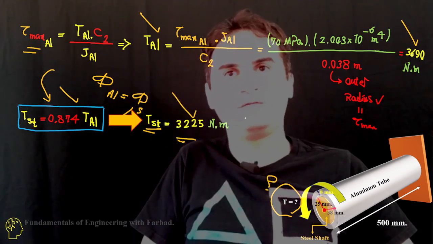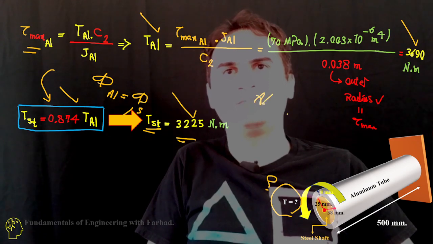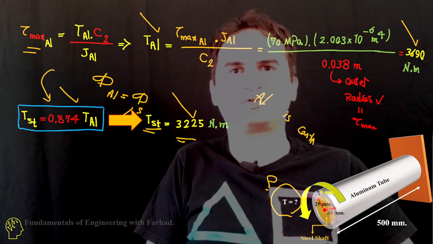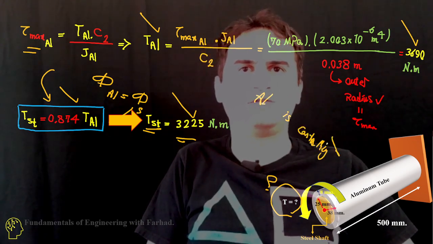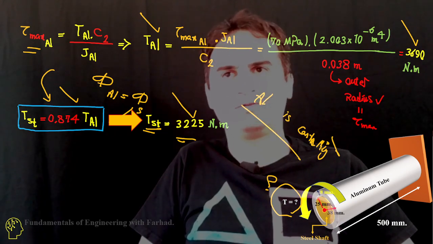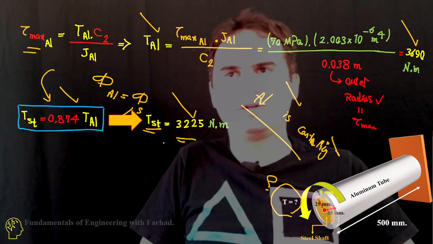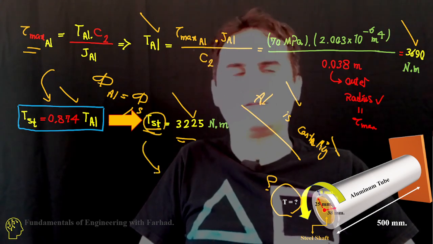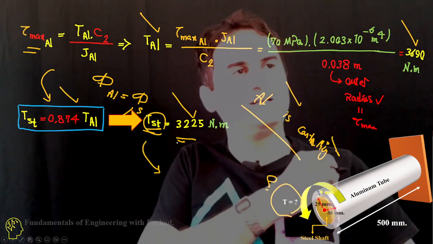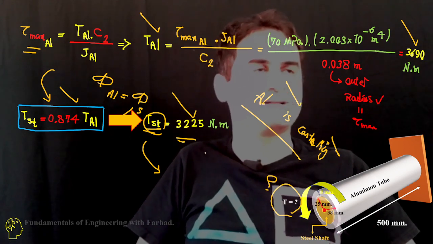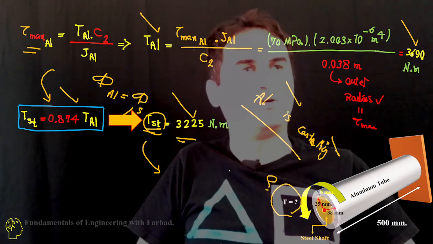But if you remember, we just assumed aluminum is controlling. We need to double check that, with this assumption, the steel is not passing the maximum allowable shear stress.